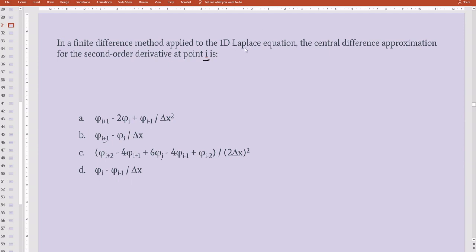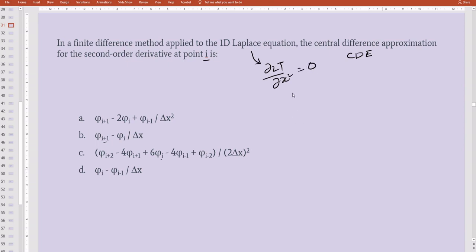So the question is simple. We have to find the central difference approximation for the second order derivative at point i. It is for the Laplace equation, the same as the one we have seen before, del square T by del x square is equal to 0, if it is temperature.